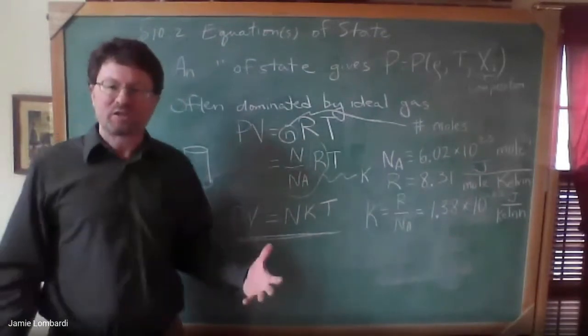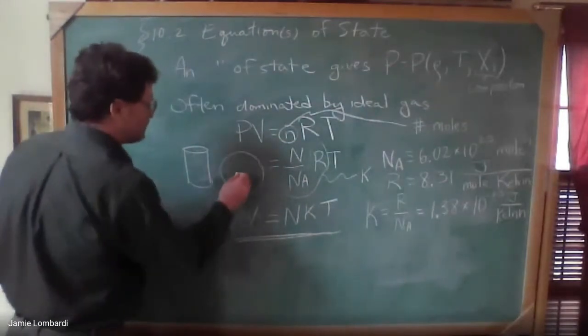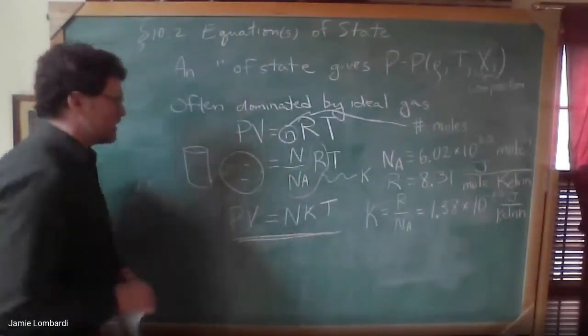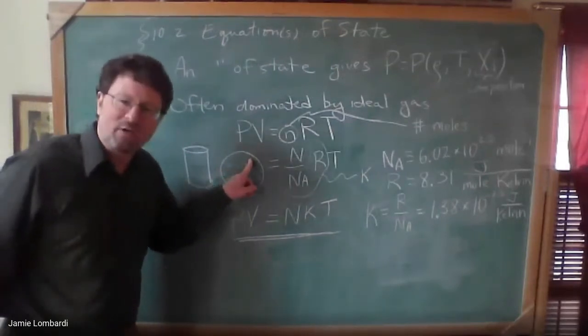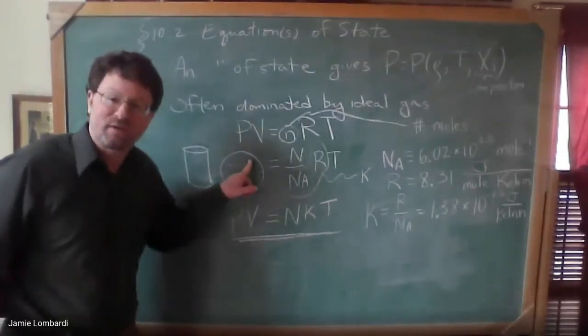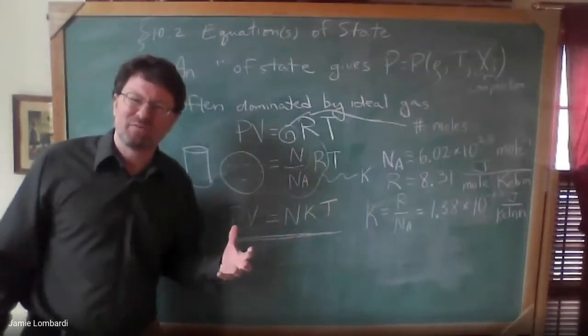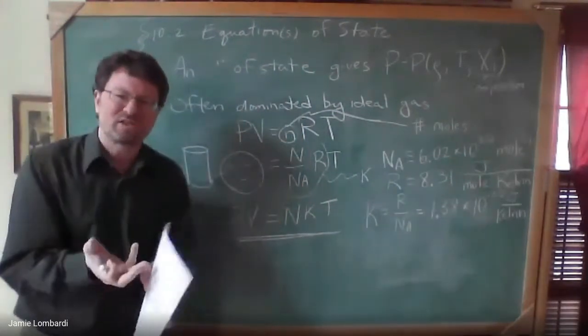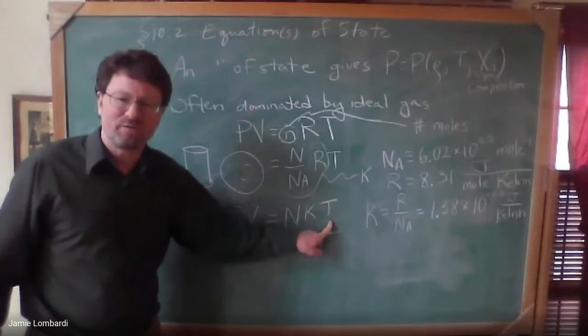Now, in a star, it's more complicated than that because as you move about in a star, the pressure at the center of the star is going to be different than the pressure outward, and the temperature at the center is different than the temperature over here. And what do we mean by the volume? If you take the volume of the whole star, the pressure is not uniform within that volume. The temperature is not uniform within that volume.